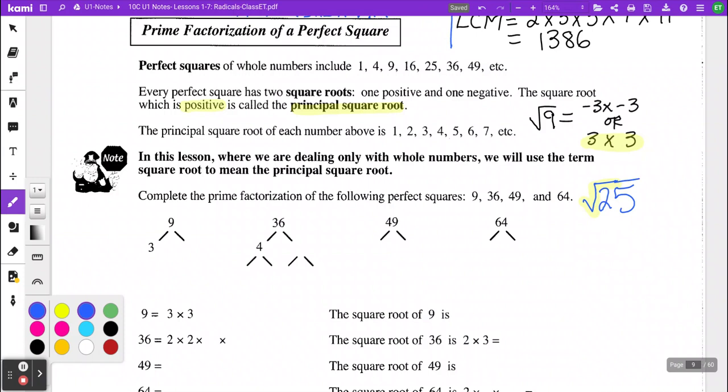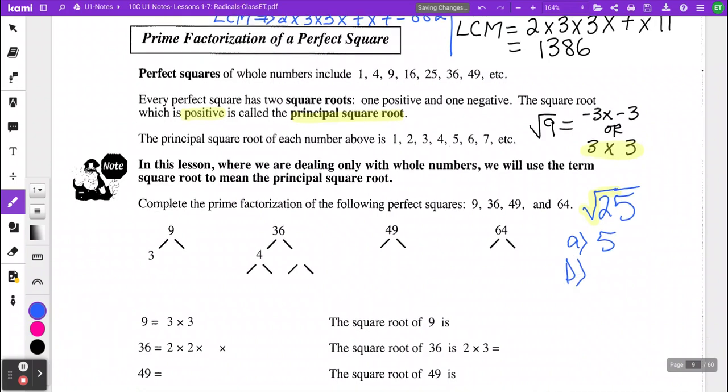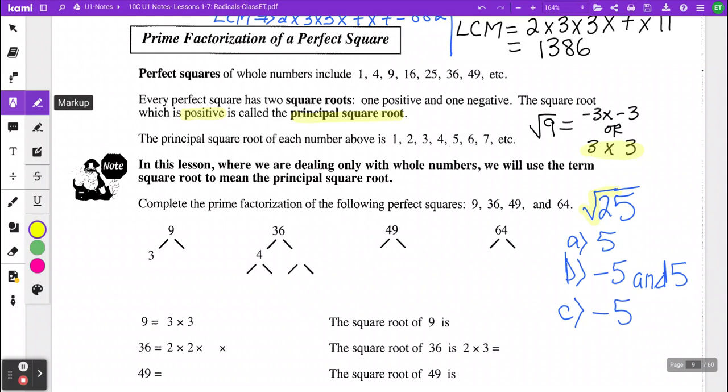And if I said A, 5, B, I might say negative 5 and positive 5. C might be negative 5. The answer is A. Whenever we answer any question with square roots, they're always wanting the principal one.